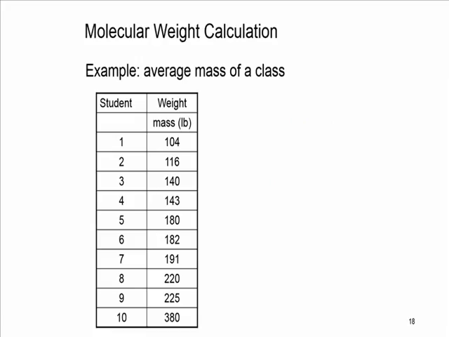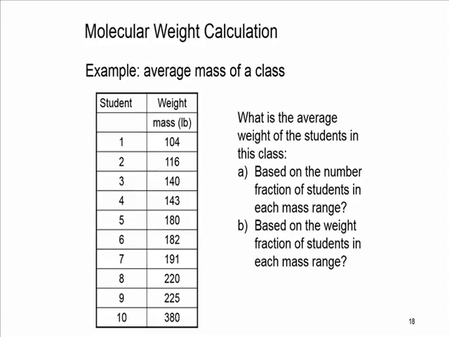To understand better what we mean by number average molecular weight and weight average molecular weight, here is an example, and we want to find these parameters based on the listing of weight of students of a class. As you can see, we have 10 students and we have their mass in pounds here.